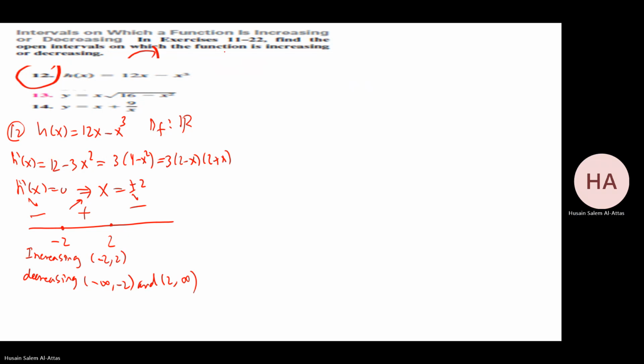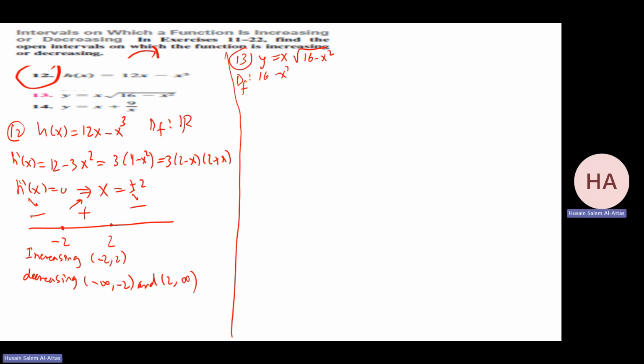Okay, we'll do the next function, number 13: y equals x times square root of 16 minus x squared. First, I need to find out the domain. What's the domain of this function?